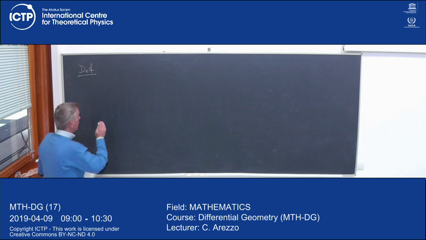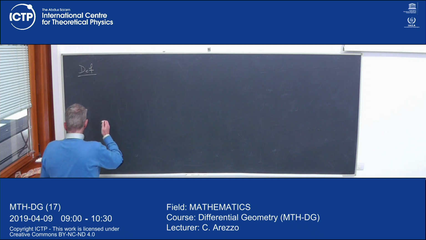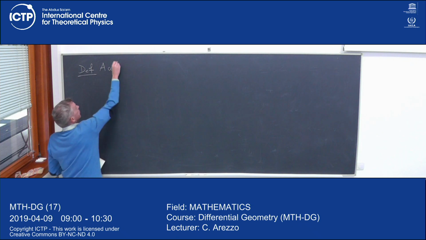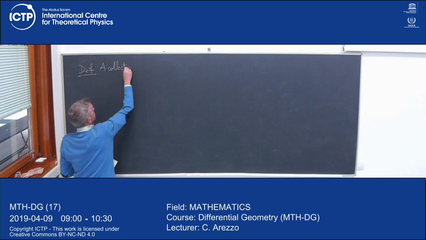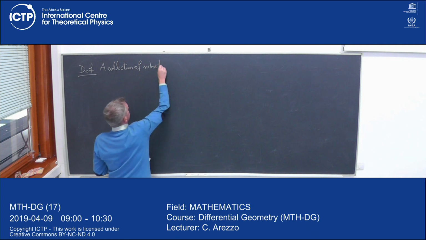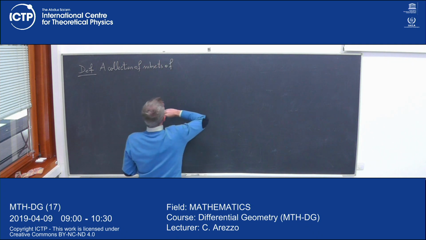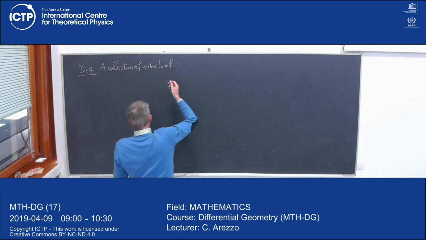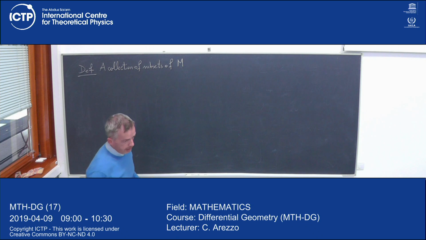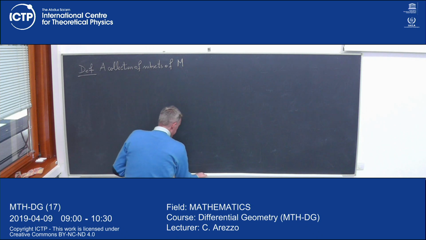What does it mean? In fact, you don't even have to apply it to an atlas. It is a collection of subsets of a topological space M, and here you don't really need the whole structure of a map.